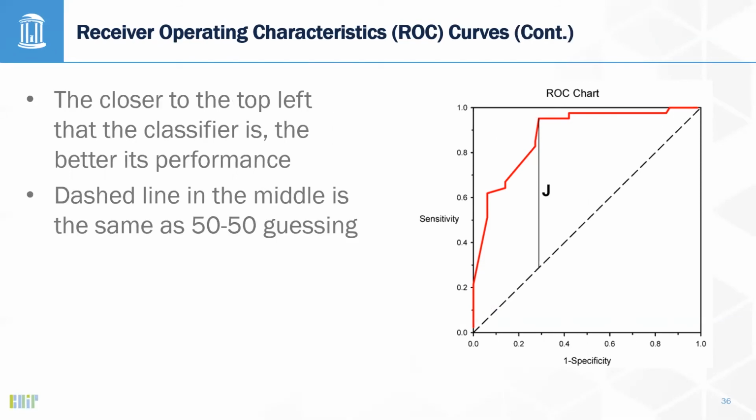The closer that an ROC curve is to the top left corner of a graph, the better its overall prediction performance. You may have noticed the dashed line in the image. This represents the equivalent of the model if it was only as good as flipping a coin or 50-50 guessing. Anything above the dashed line is better than random chance. Anything below the dashed line is worse than random chance.